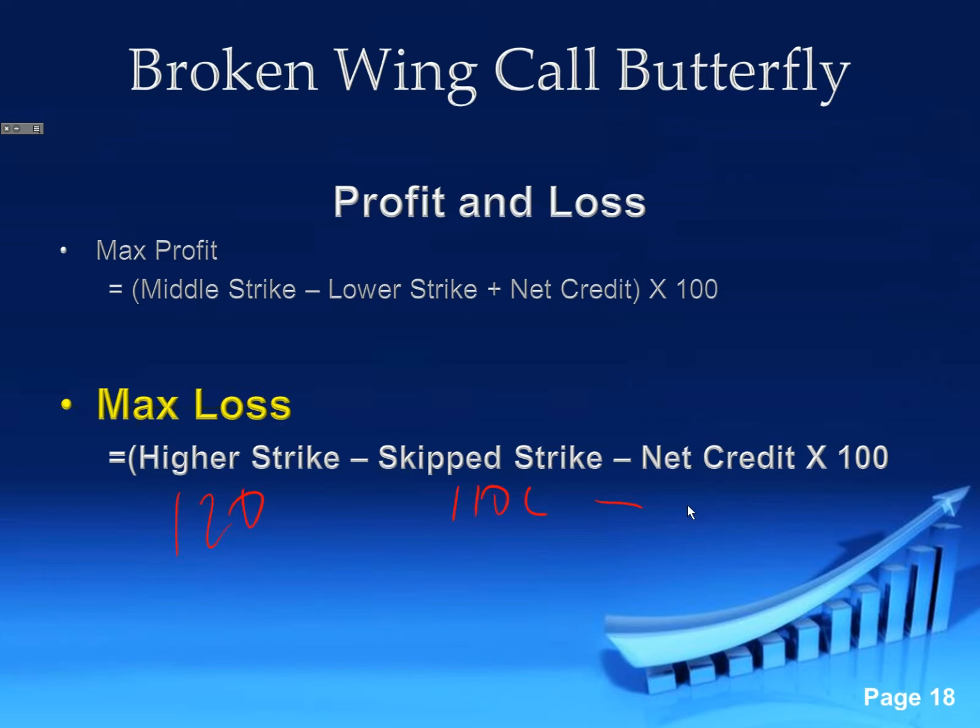So if we collected 60 cents on this trade, then basically our max loss is going to be $9.40. Our max profit in this case was $10.60. So our reward is better than our risk. It's going to basically be very close to kind of risking one to make one on this.